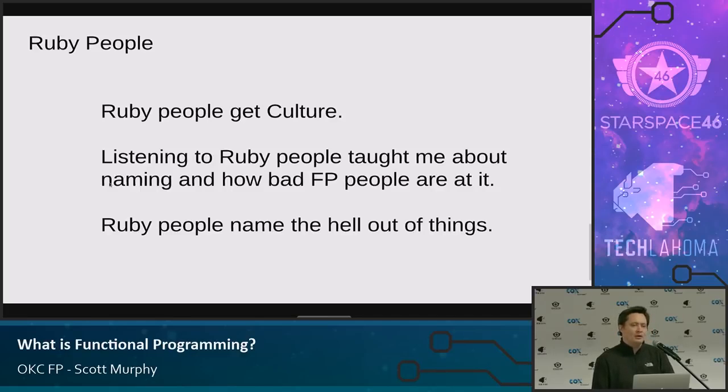The reason I wanted to bring this up was to talk about why you might care about functional programming even if you're not going to be a functional programmer. I find value in learning about other programming languages, even though I'm probably never going to write any Ruby code. I never say never, but I've never written any. It's still very interesting, and I learn a lot from learning about that language.